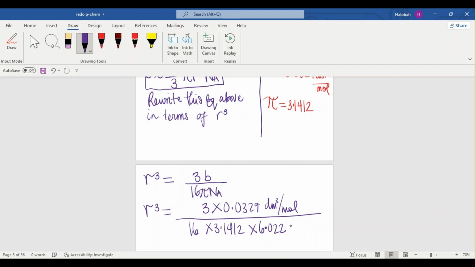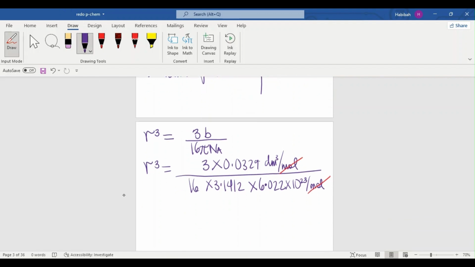So this is how you do this. Let us cancel out the per mole. You have decimeter cube, so r cube is going to equal 3 times 0.0329 decimeter cube.